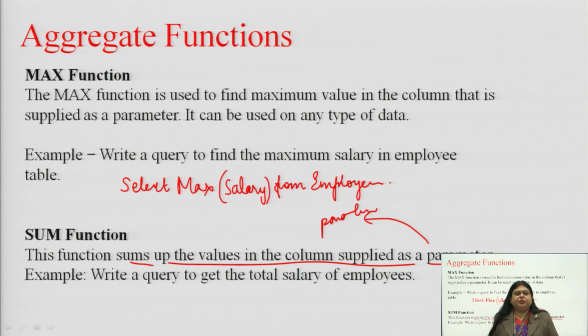So, what is the example given over here? It tells you to write a query to get the total salary of the employees. So, what we are going to do?